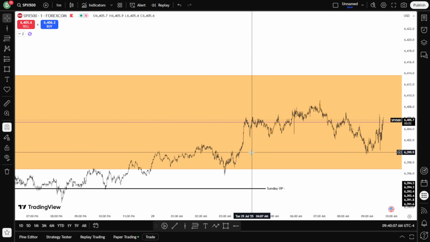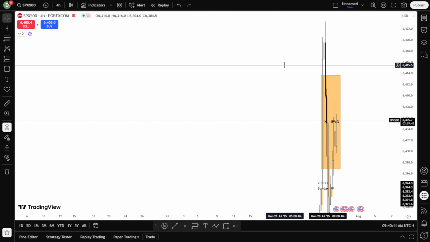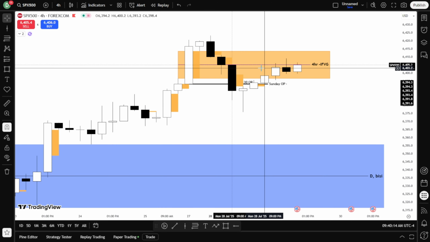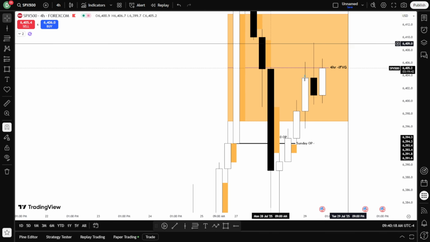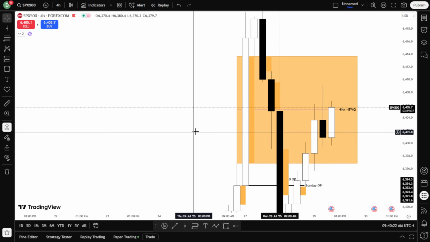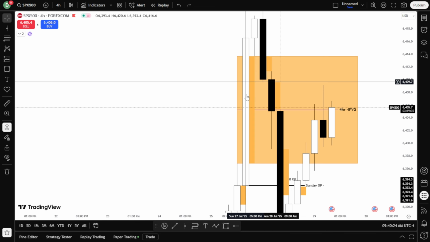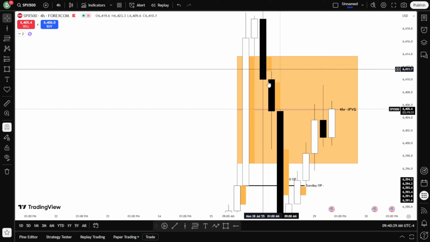This orange is the 4-hour. Let me show you, this is the 4-hour inverted fair value gap. This inefficiency, this gap from this low to this high, is the buy side imbalance, sell side inefficiency, but price took it.